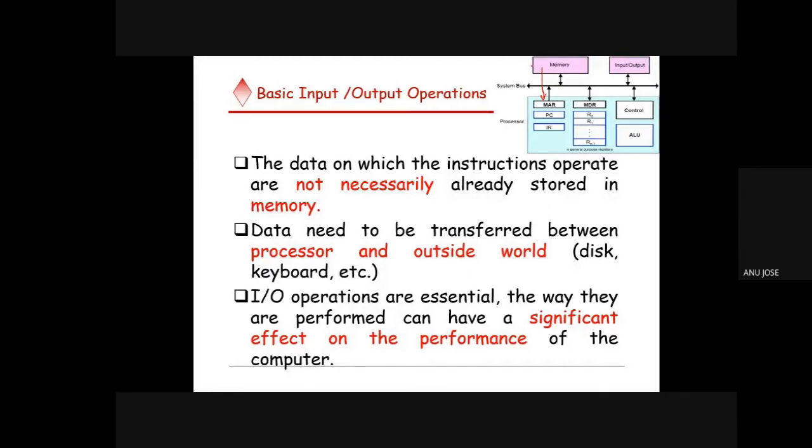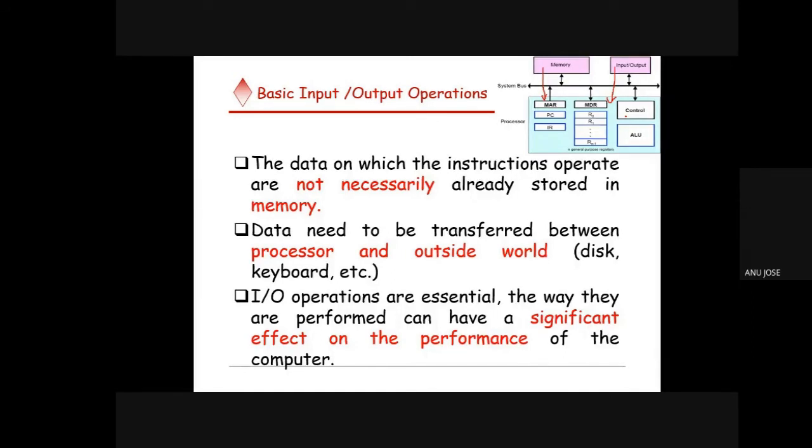But it's not mandatory that always your data will be present in the memory. Maybe that data you can give from the user also, like from the input device or how you are typing in the keyboard. In the same way, the data may be taken from the keyboard and that will be directly taken into the processor. So that is one more way for getting the data for the processor.